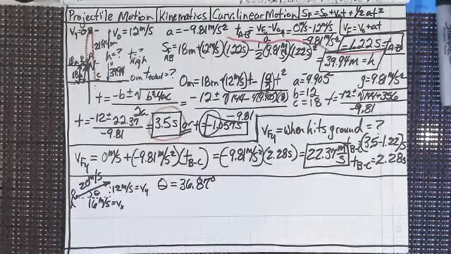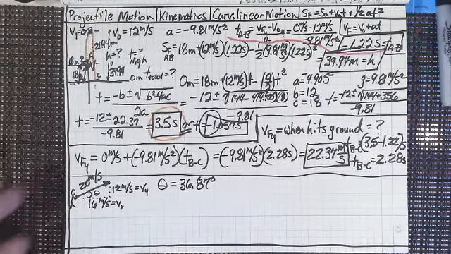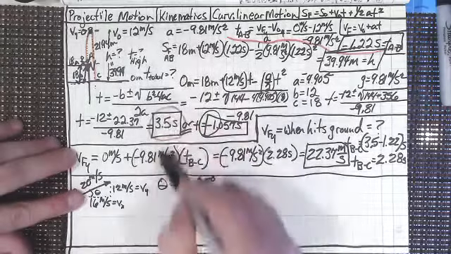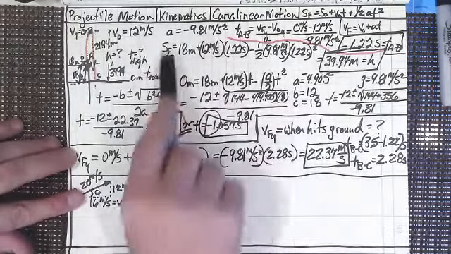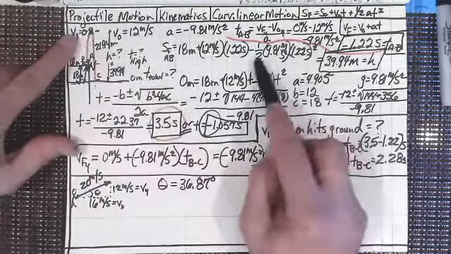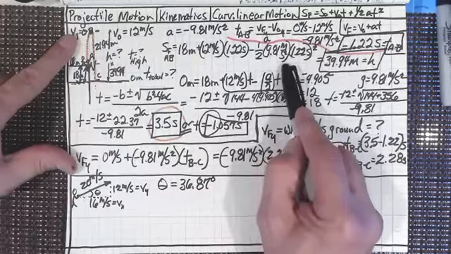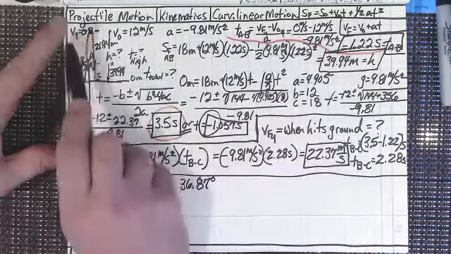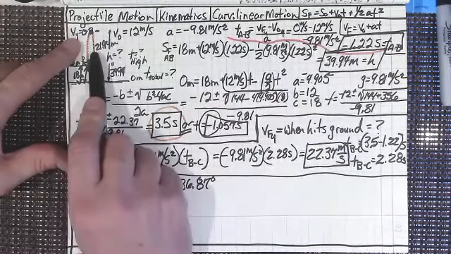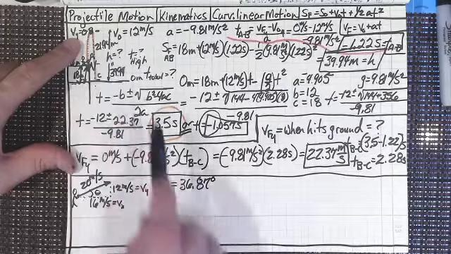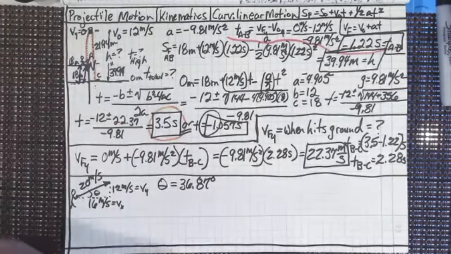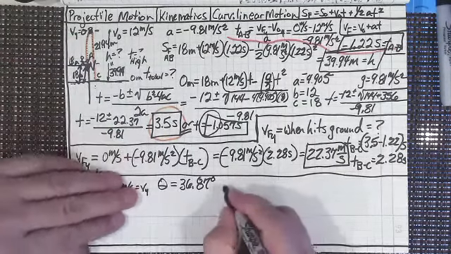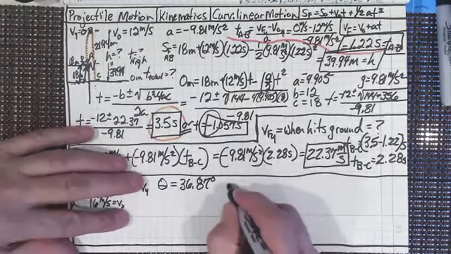Okay, so what if he was throwing it that way? Then when we look at the y or vertical direction, we still have this minus 9.81 meters per second squared always working on this, don't we? But what's going to be our equation of motion in the x direction?